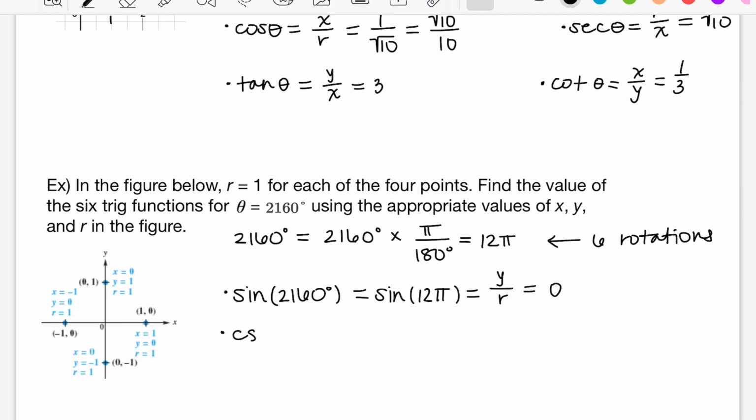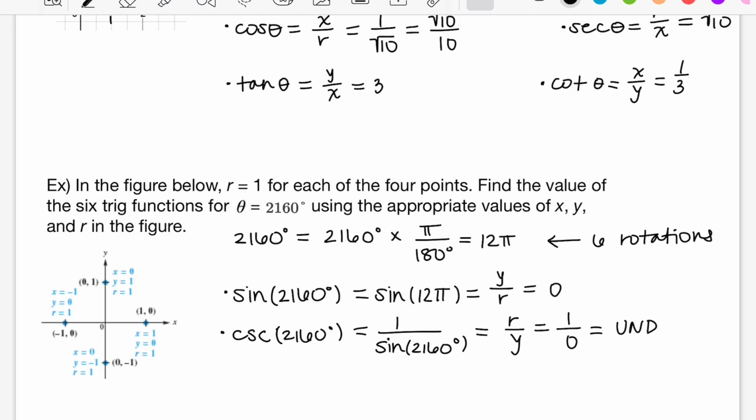We know that cosecant of this guy is going to be the reciprocal of sine, which is going to be r over y. We know from here that r is equal to 1 and y is equal to 0. So in this case, our cosecant function is going to be undefined.